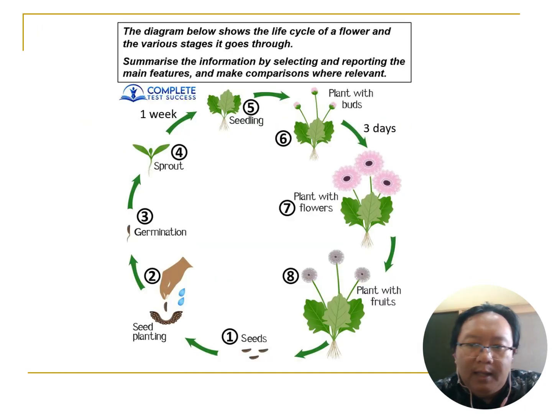Now, you can see here this is one of the samples. You can see a diagram showing a life cycle. When you see this kind of diagram, it is better you use active voice rather than passive voice.